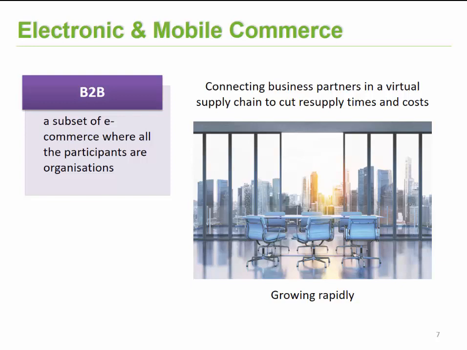Now, in most cases, a company cannot function on its own, and there's various other companies and factors that should be looked at. For example, we can look at our suppliers, we can look at our partners, we can look at our employees, our customers. So there's a huge amount of people that actually interact with a business. So business to business relates to all the other businesses that will need to conduct transactions with, let's say, your particular company.